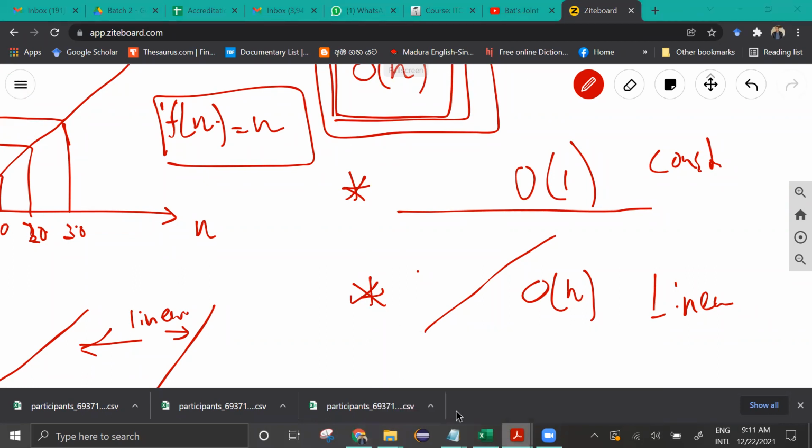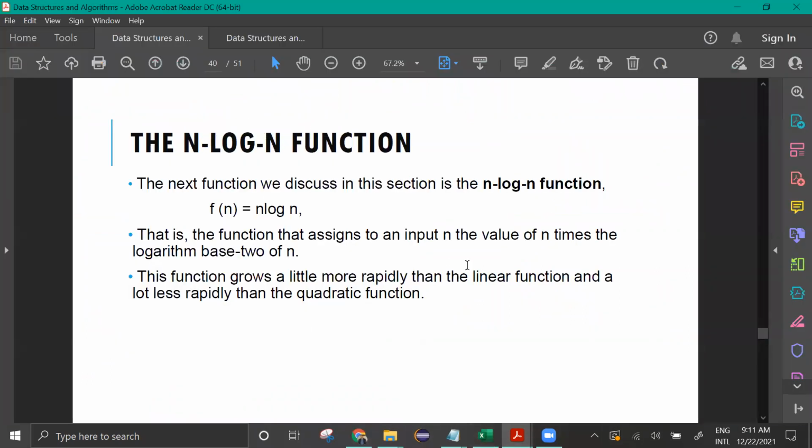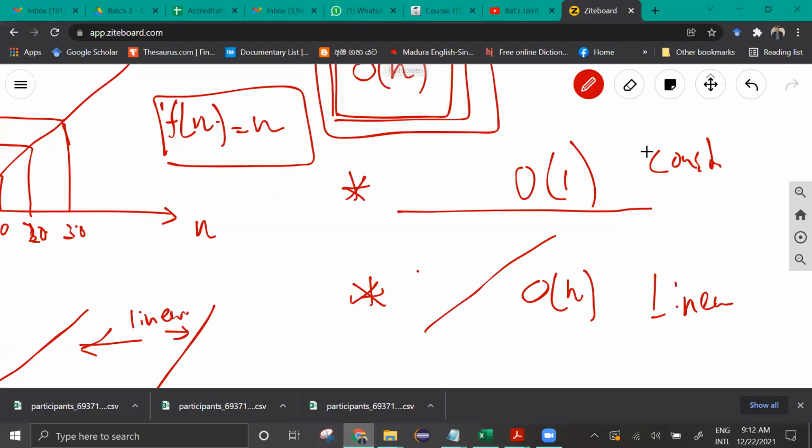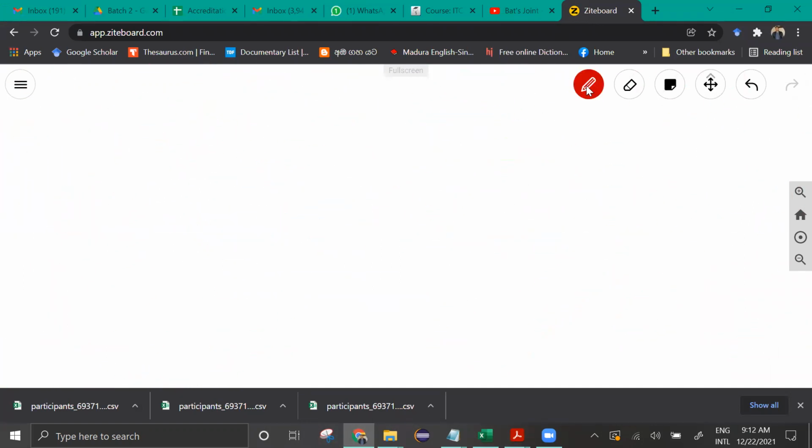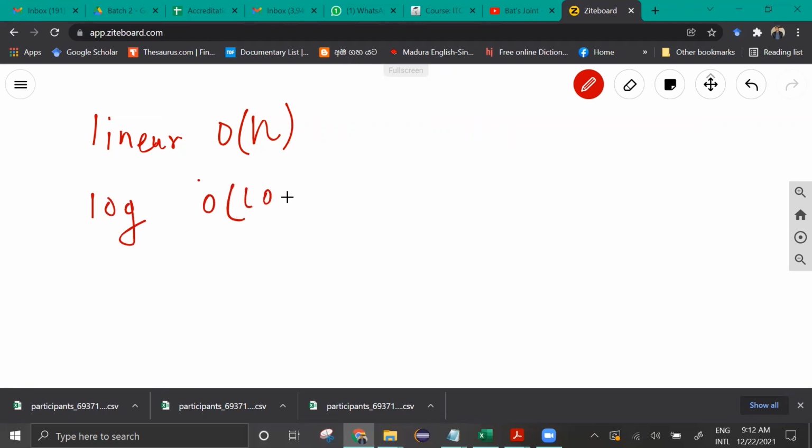Right? So then n log n, the next one. Basically, it is a combination of the linear function and the log function. Linear is n, big O n. And then we have the log function, big O log n.